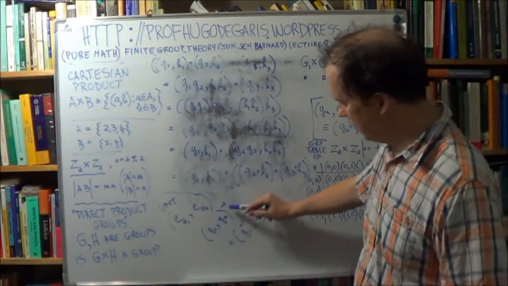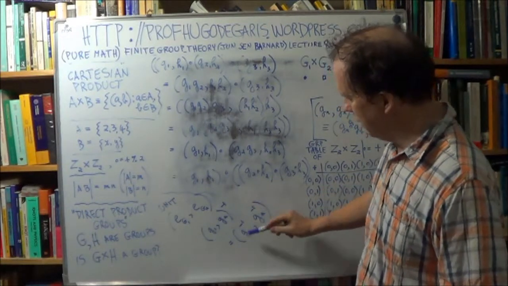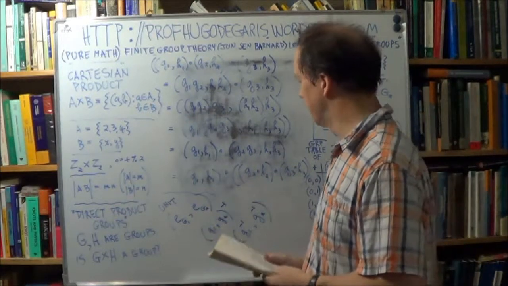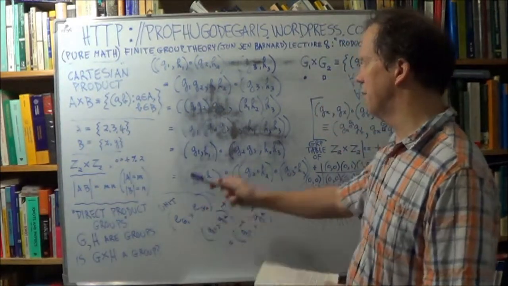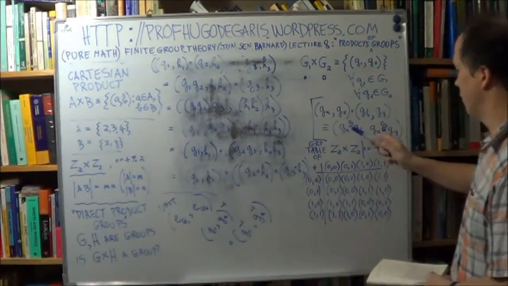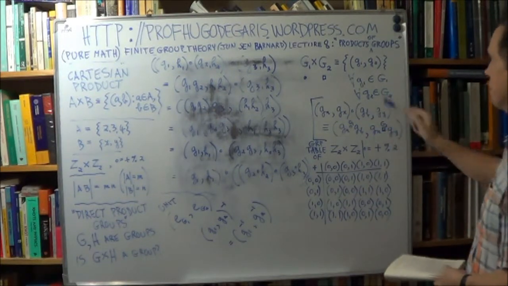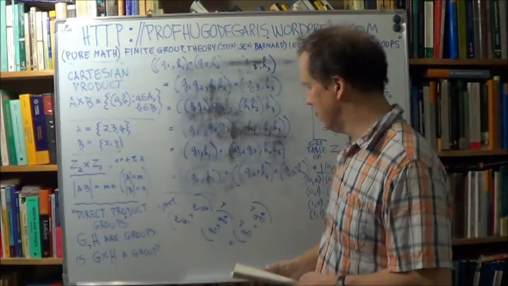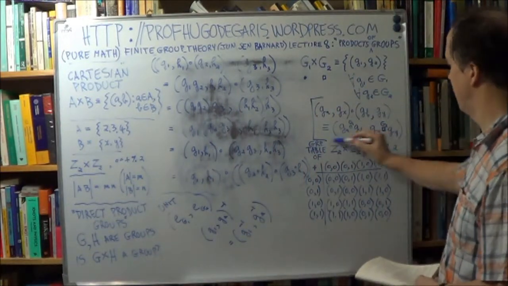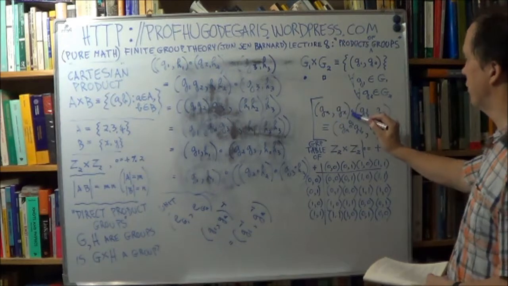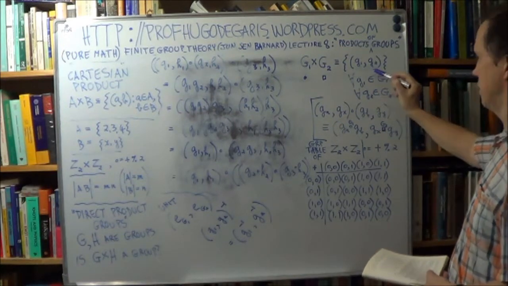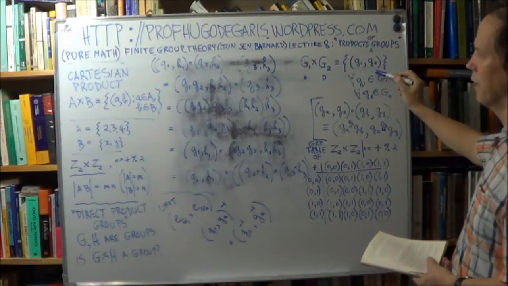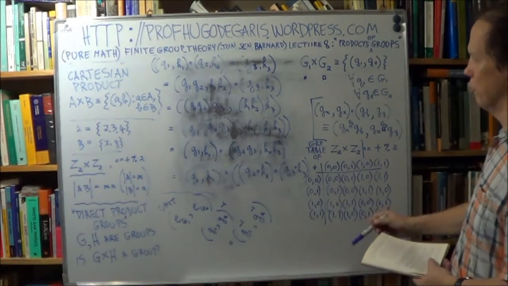So in a sense, you can say the inverse of the ordered pair is the ordered pair of the inverses. So, a manner of speaking. All right. So we've got inverse, we've got a unit, we've got associativity, we've got closure because this and this is of that form. All four properties are satisfied. Therefore, this binary operator defined on this set, if you like, this Cartesian product, is a group.